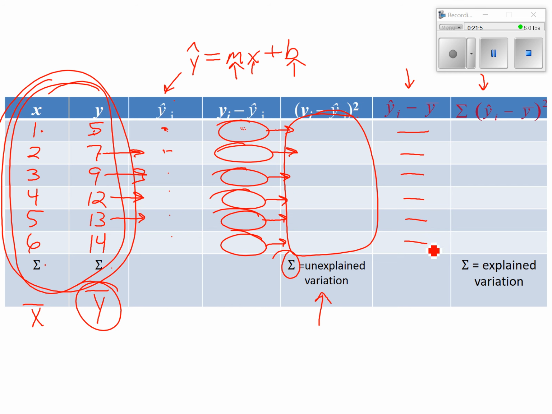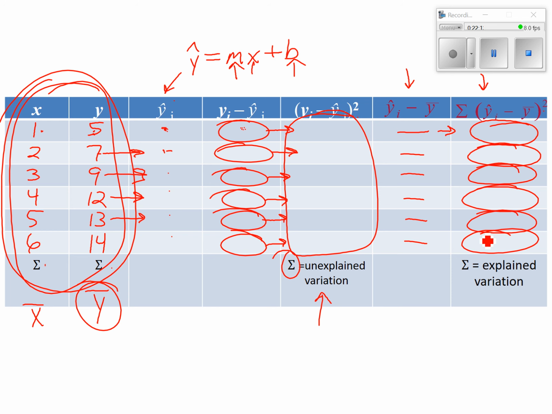And then you take each one of those answers and you square it, and that gives you these answers. And then if we add all those up all the way down through here, that gives us our explained variation. And then if we want to find the total variation, we just add those two.